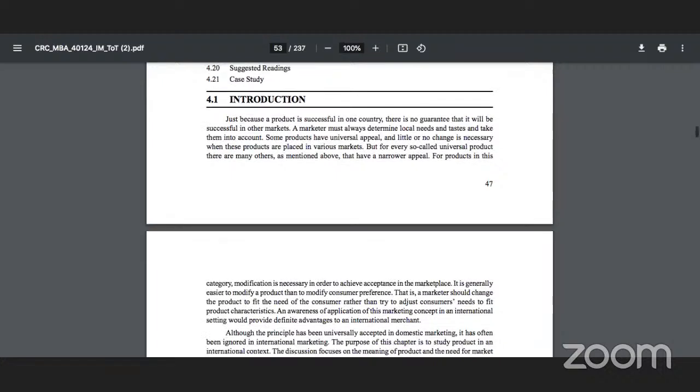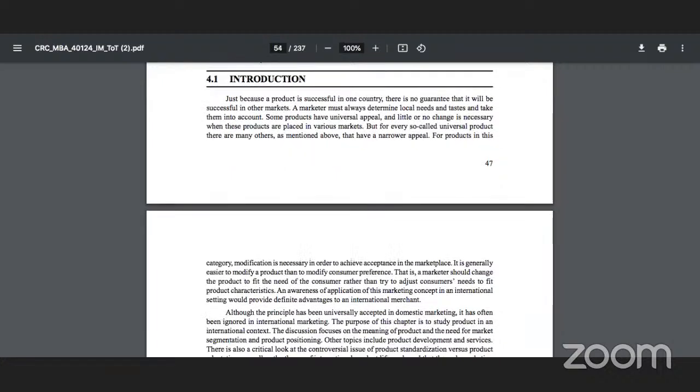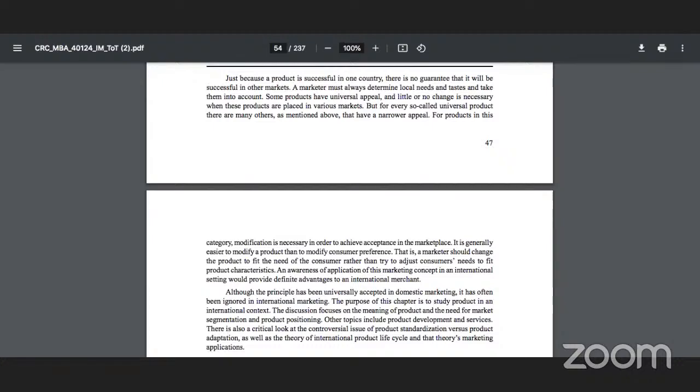So, though it is a universal product, it still has a narrow appeal in some countries. So, it may require a certain level of customization.